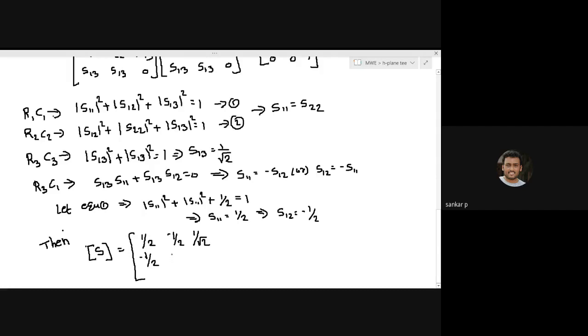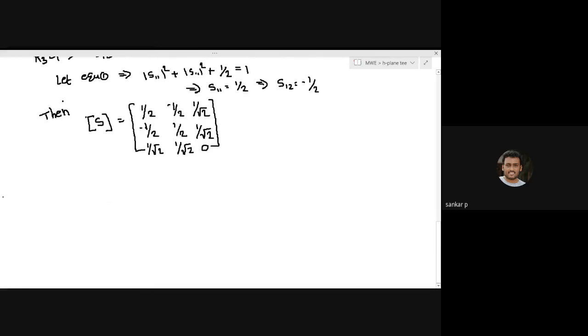Then S22 equal to S11, which equals 1 by 2. Again S13 is equal to 1 by root 2, 1 by root 2, 0. Okay, that is the matrix we got here.